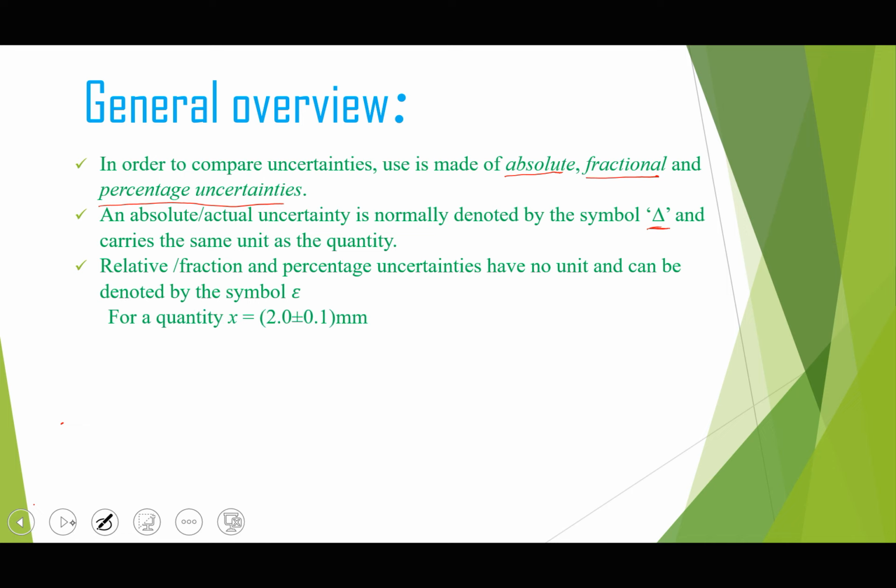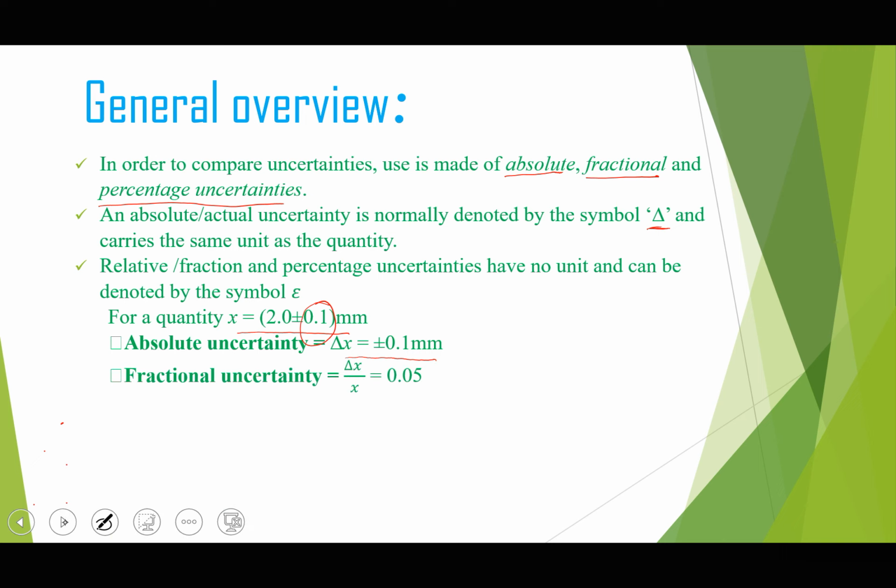Number four, let's think of a quantity such as x, which has been denoted with its uncertainty as plus or minus 0.1. If we want to denote an absolute uncertainty, the last quantity here is going to be the absolute uncertainty. So the absolute uncertainty in that quantity x is going to be plus or minus 0.01.